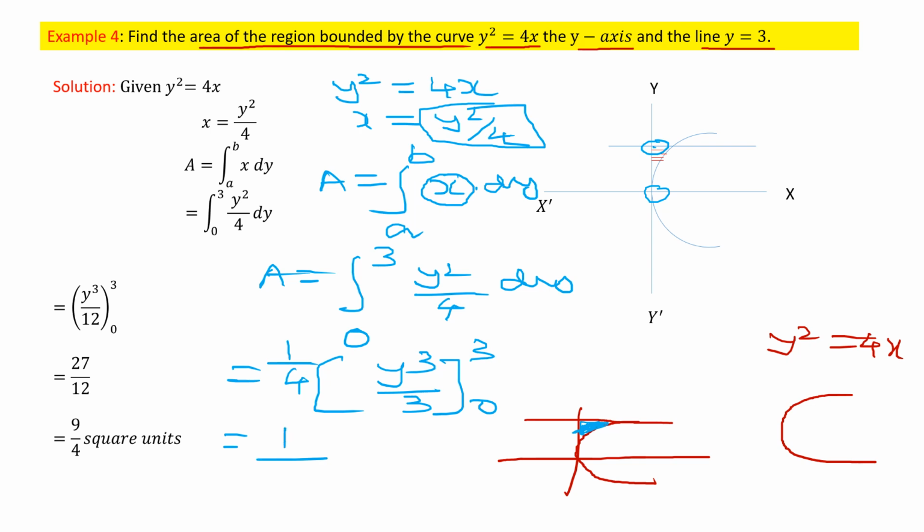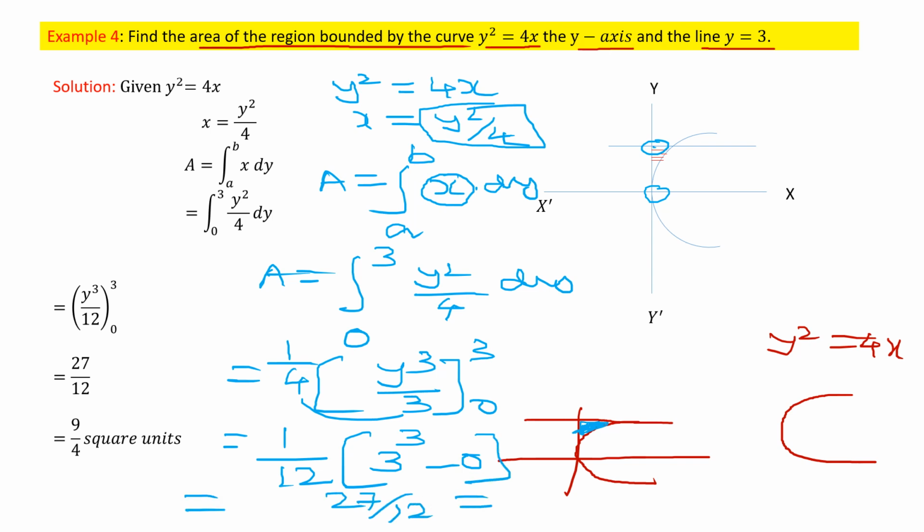So we have 1 by 4 multiplied by 3, which will give you 12. So we have remaining y power 3. By substituting the upper limit I will get 3 to the power 3. By substituting the lower limit I will get 0. So we are left with 27 by 12. By simplifying this I will get 9 by 4 square units.